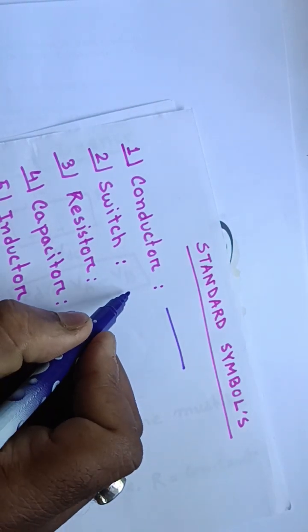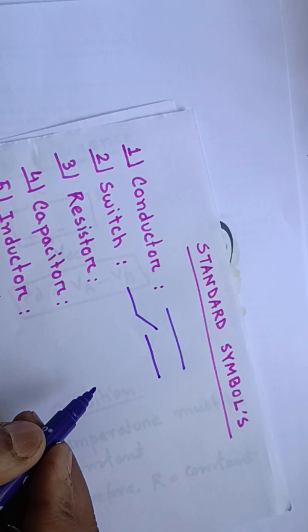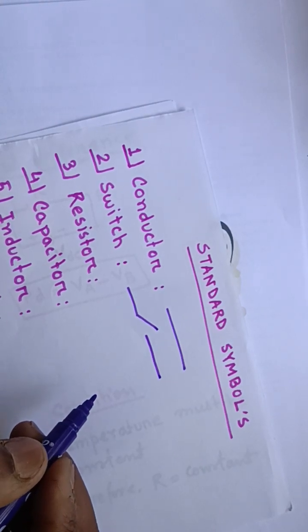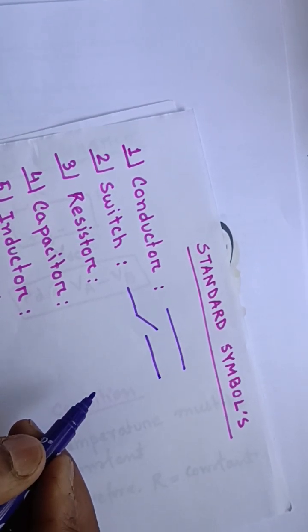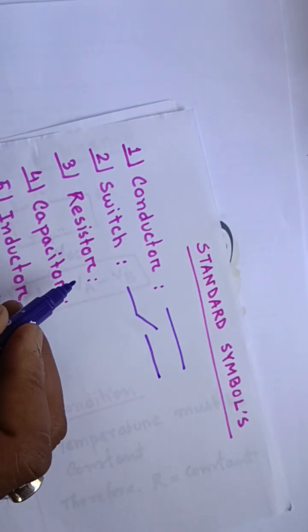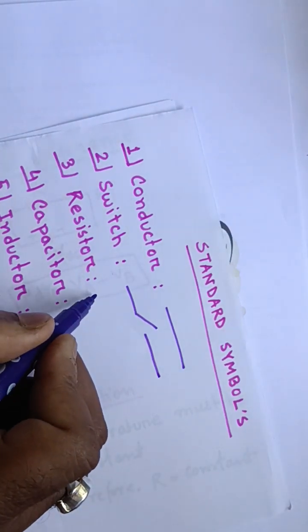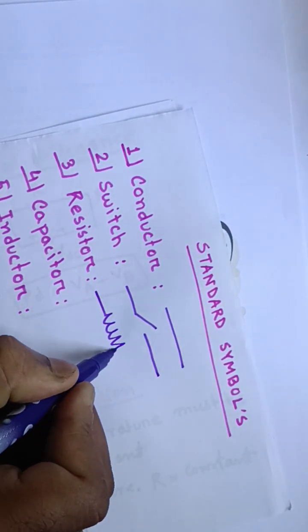The switch will be like that. This is the symbol of a switch. Third one is the resistor. How can we represent the resistor in an electrical circuit? The resistor will be like this. This is the symbol of a resistor.